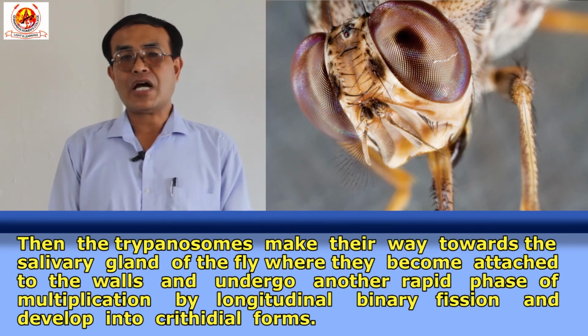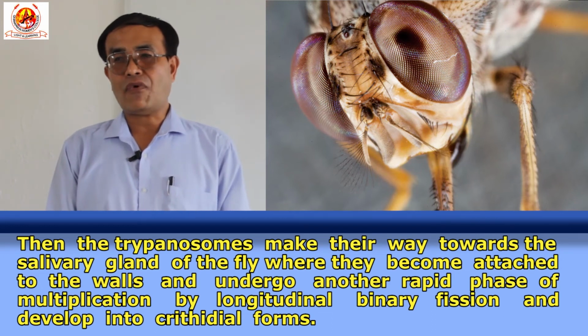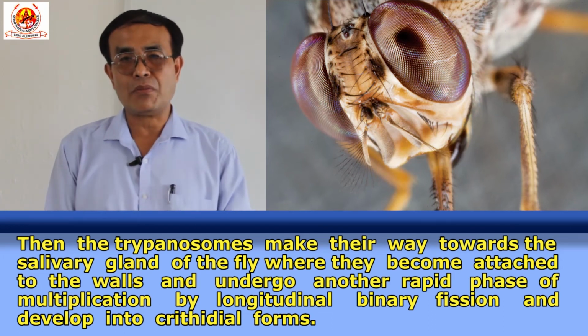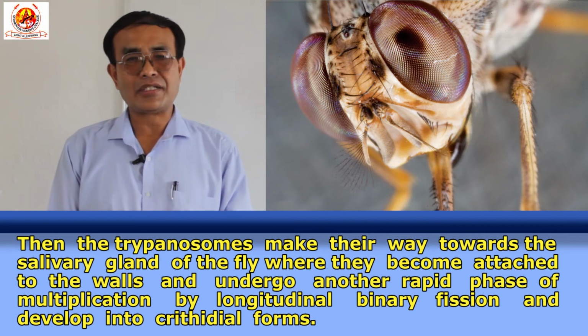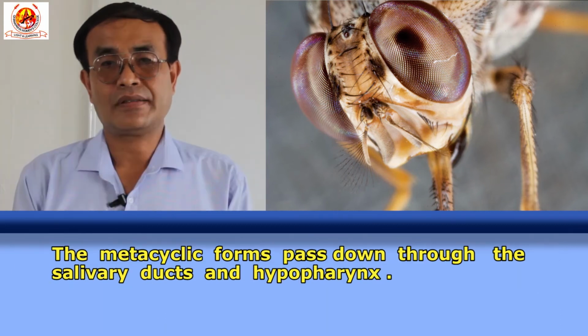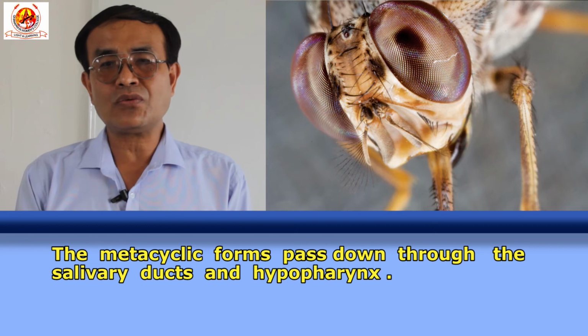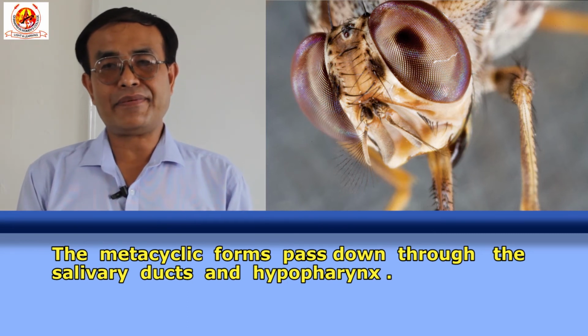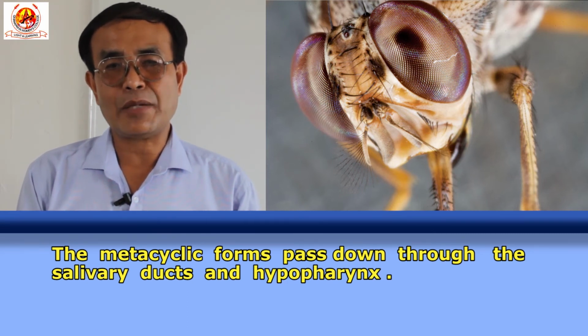Then it is transformed into a metacyclic form, commonly known as trypanosomes, which is now in the infective stage. The metacyclic form passes down through the salivary duct of the salivary gland and the hypopharynx.